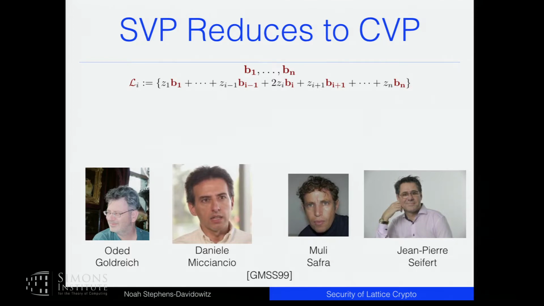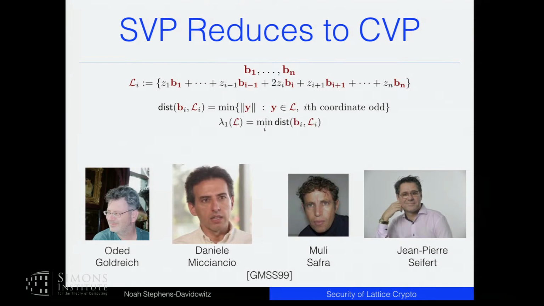Same thing. And then you just stare at this for a second, and you realize that the distance from Bi to Li, notice that Bi is not in Li, that's kind of important, is just the minimal length of a lattice vector whose ith coordinate is odd.